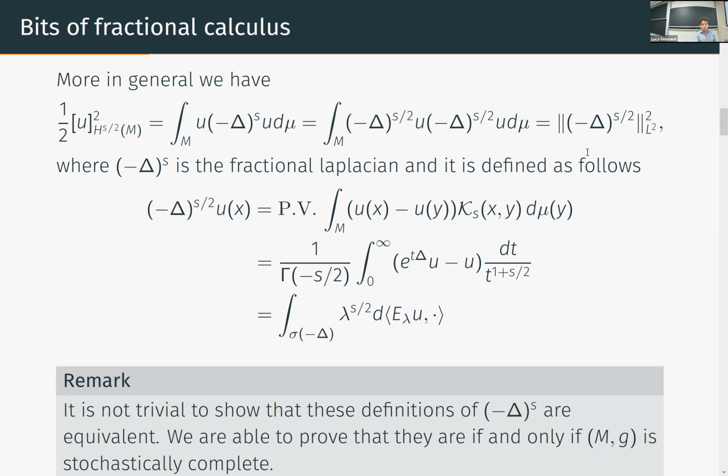The ones we are going to use here are the three you see on the slide. The first one is the definition via the integral of the singular kernel. Then you have the Bochner definition with the heat flow, and finally the spectral one. This is not really rigorous, because the first one I am evaluating pointwise and the other ones are functional. But let me just mention that these definitions, in the end, are going to be equivalent in our setting, so I don't want to insist on that.